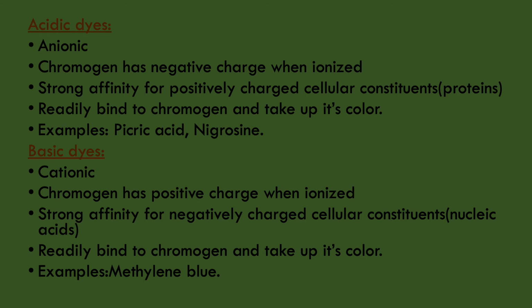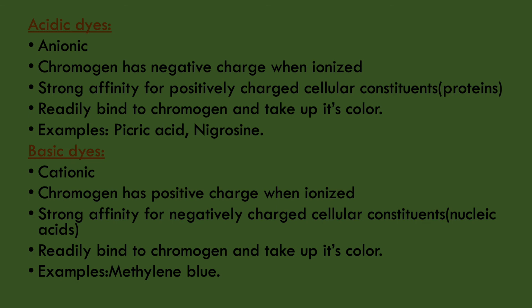Now, basic dyes. Basic dyes are cationic molecules and upon ionization, their chromogen carries a positive charge. Since the chromogen is positively charged, they are strongly attracted to negatively charged cellular constituents like nucleic acids, and these negatively charged cellular constituents can readily bind to the positively charged chromogen and take up its color.